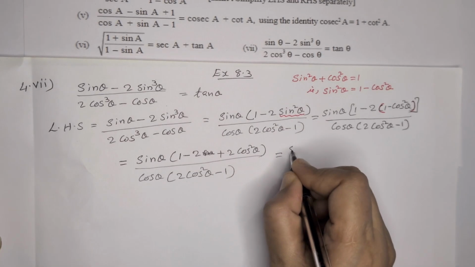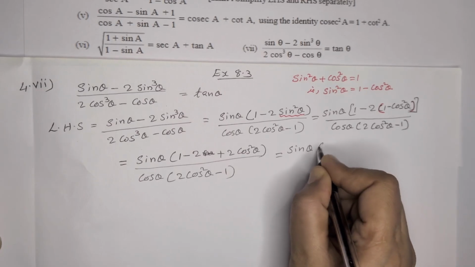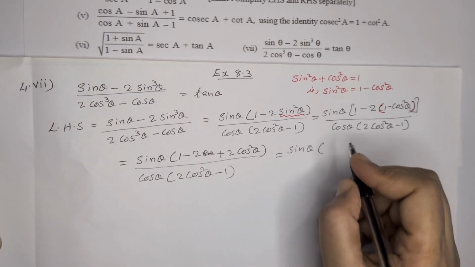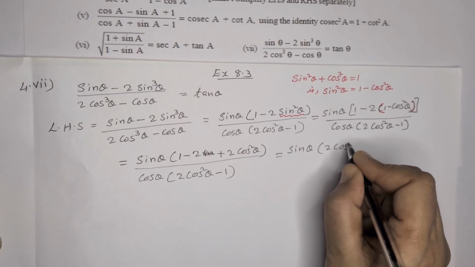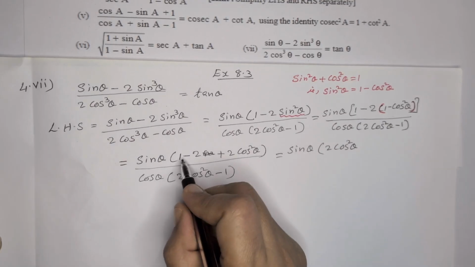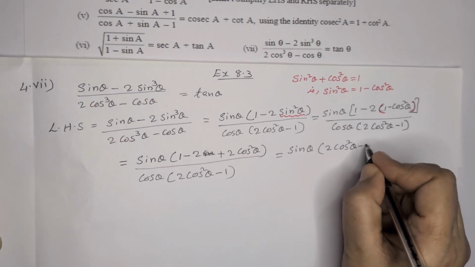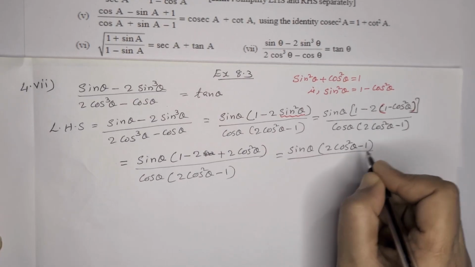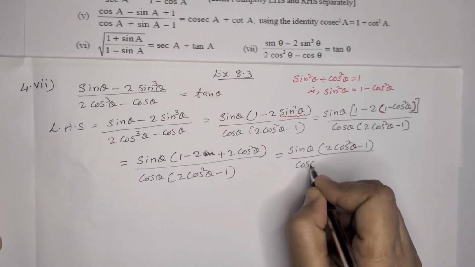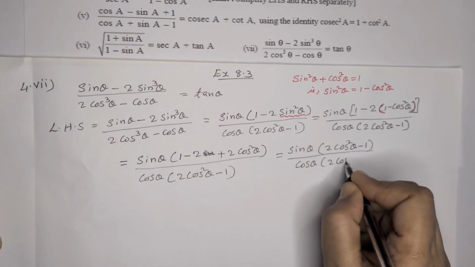Again, which is equal to sin theta into, here we have 2 cos square theta in the bracket, 2 cos square theta, 1 minus 2, that will come as minus 1, divided by cos theta into 2 cos square theta minus 1.